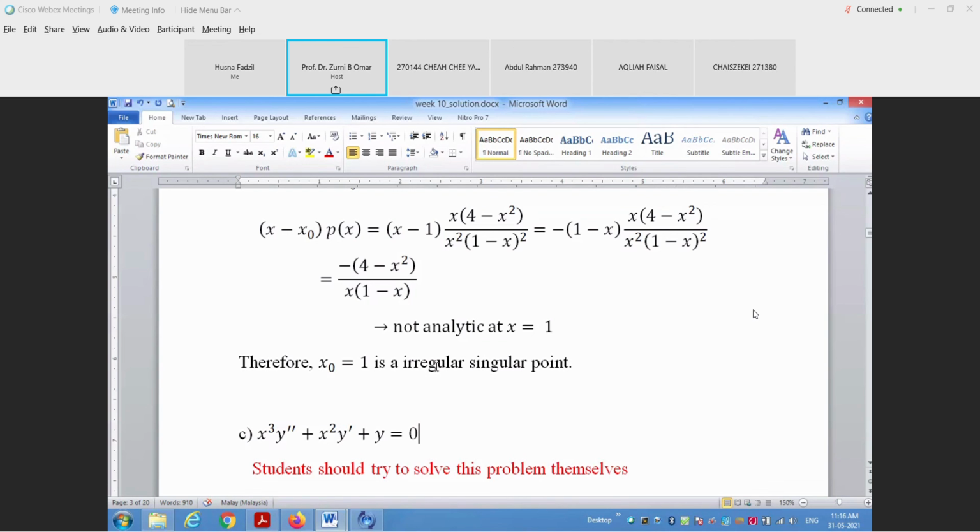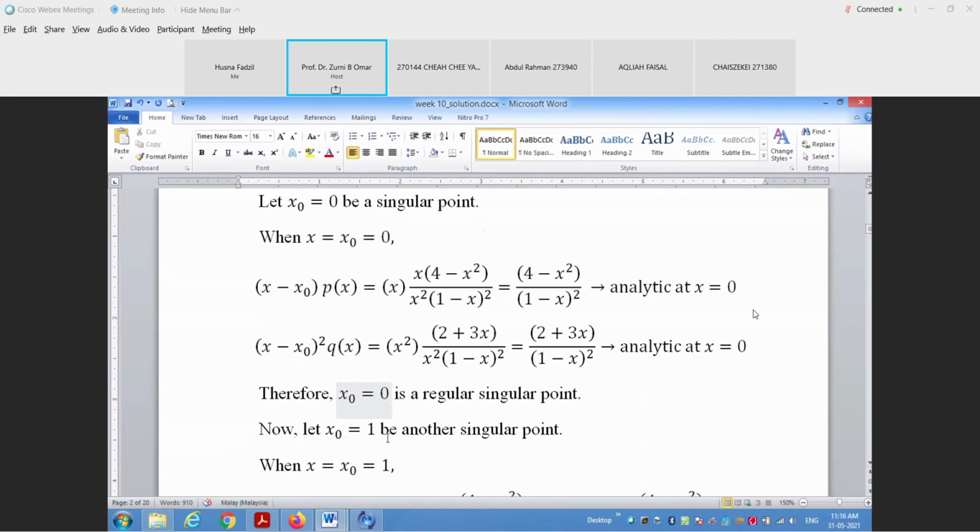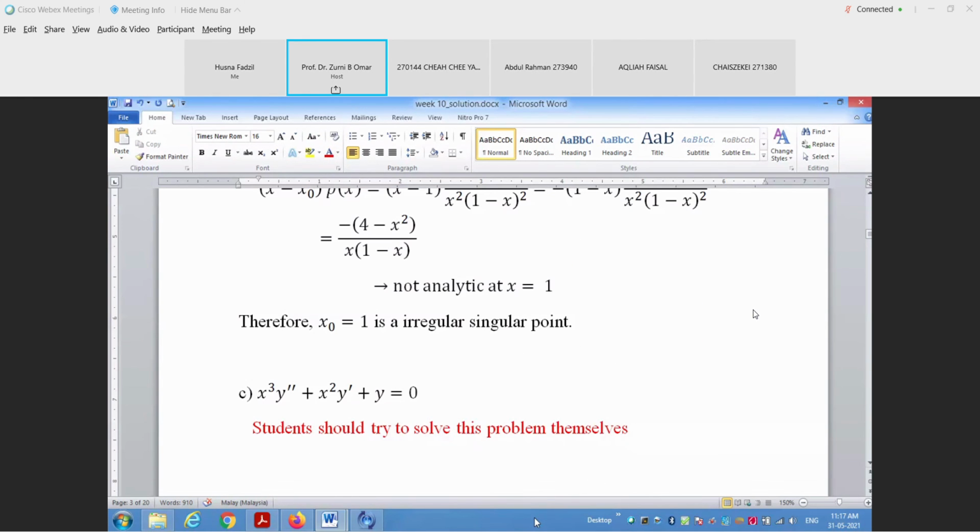So x naught equal to 1 is an irregular singular point, while x naught equal to 0 is a regular singular point.